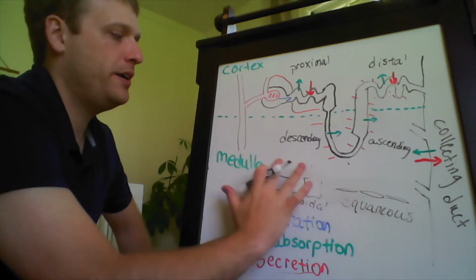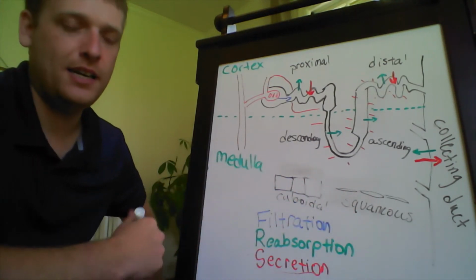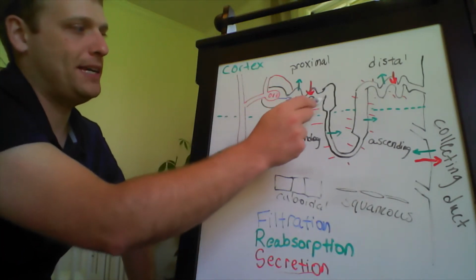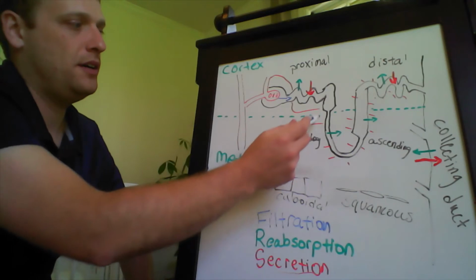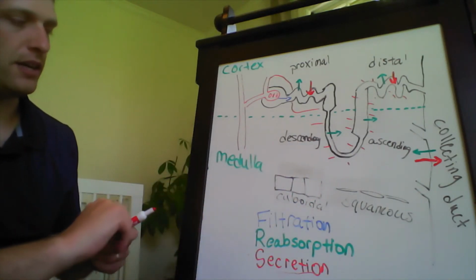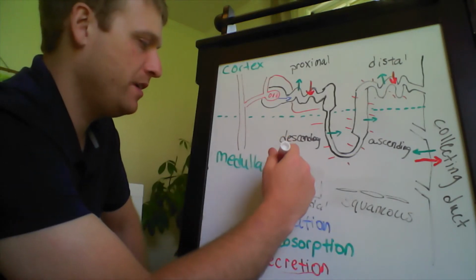And along with there being differences in the shapes of cells, so you have cuboidal that makes these thick portions, squamous that makes these thin. Those cuboidal cells can also have microvilli.